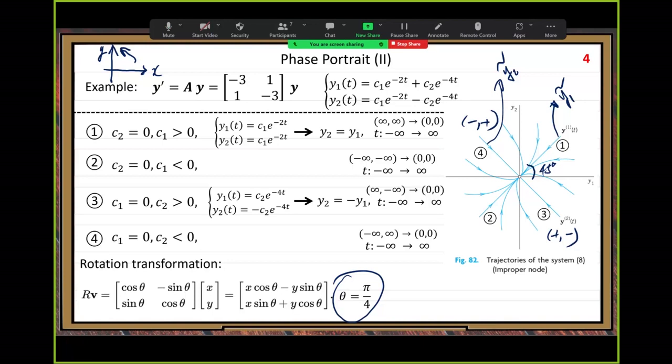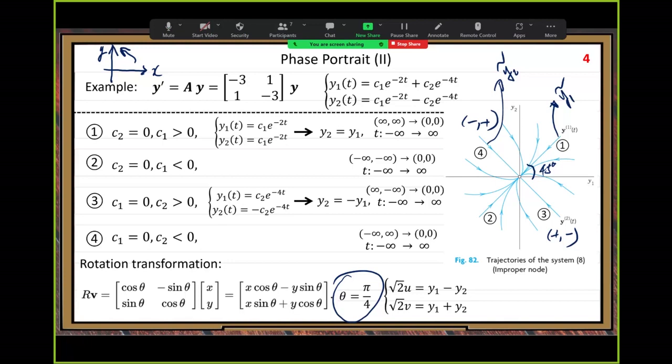Then let's calculate the transformation formula. For 45 degrees, sine and cosine are both the same number, root 2 over 2. I multiply to the other side, the uv side, because this is uv.